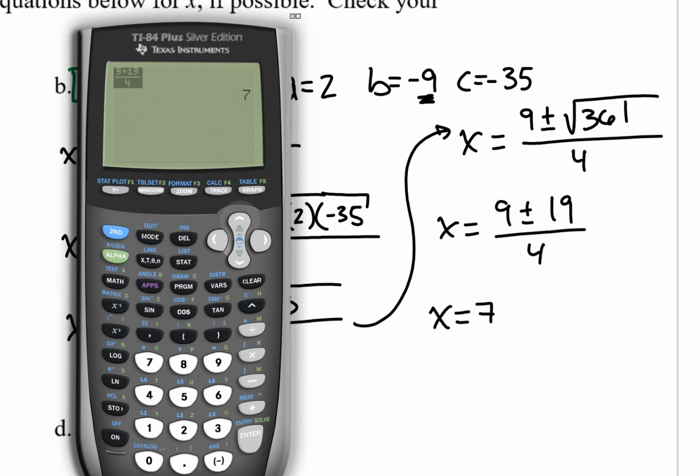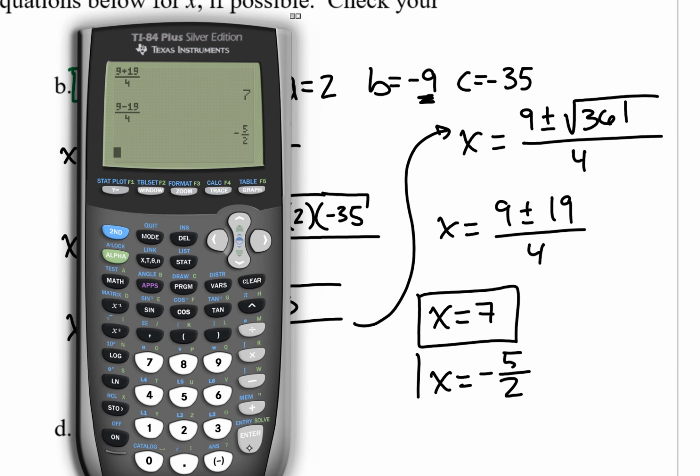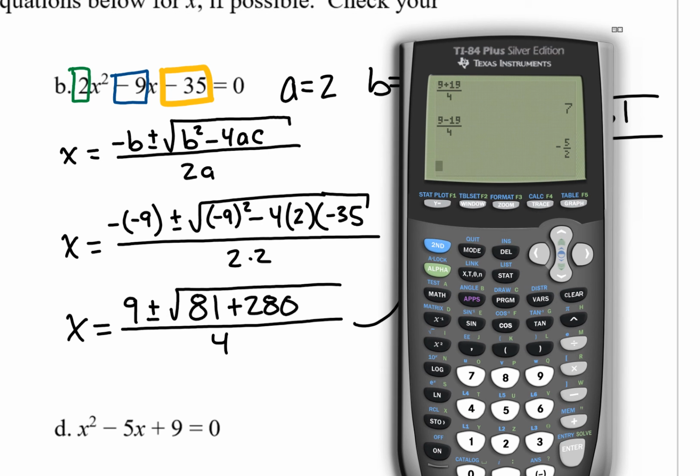And if I come back up here and grab this again, I'm going to edit that addition to a subtraction problem. So now it's 9 minus 19, that's going to be -10 divided by 4, which is -5/2. So x is also equal to -5/2. So these are my values of x, and they should make this quadratic equal to exactly 0.